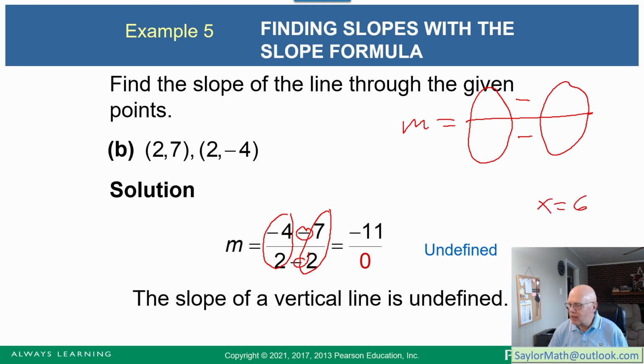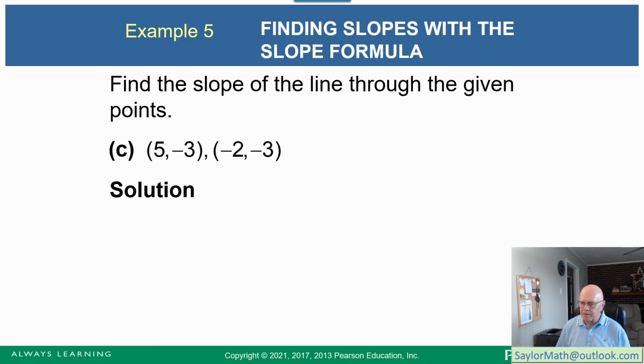X equals 6 is a vertical line, and slope is undefined. I guess I should add this. Vertical line. These 3 go together. If you can keep those together, if you see any one of those 3 statements, you can think of the other 2 immediately. It'd be a good idea.